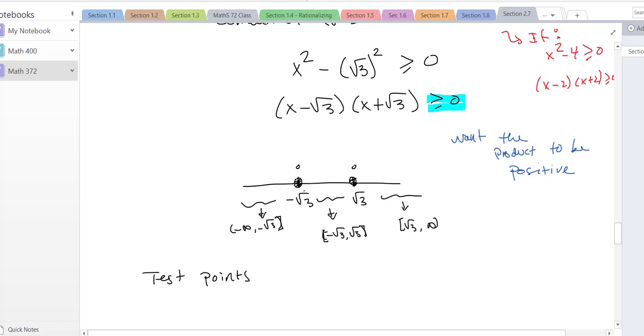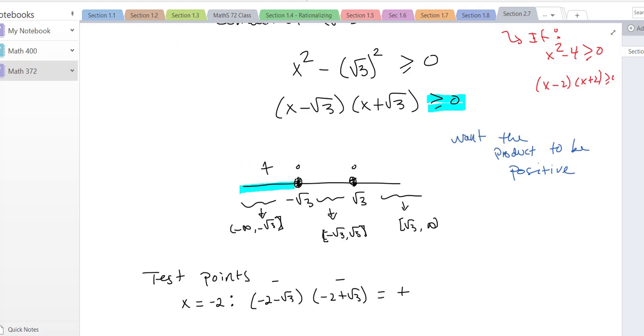Negative root 3 is between negative 1 and negative 2, so I can pick x equals negative 2. Let's plug it in: negative 2 minus root 3 and negative 2 plus root 3. That's a negative number and a negative number, and a negative times a negative makes positive. Do we want that? Yes, we said we want the product to be positive, so I will shade that.